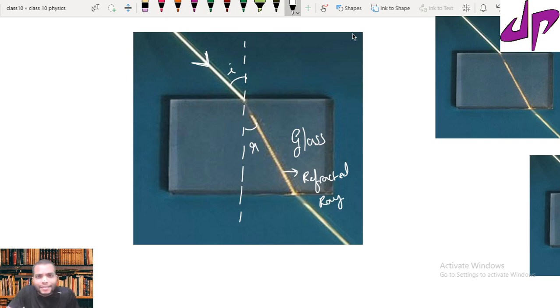If I take this outside medium as air and the glass as another medium, I can call air medium 1 and glass medium 2.